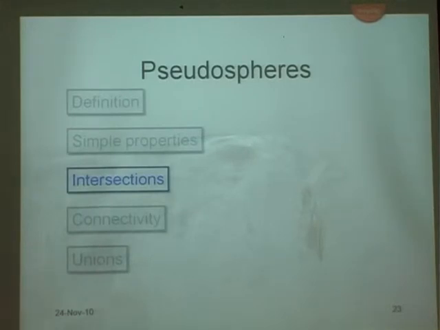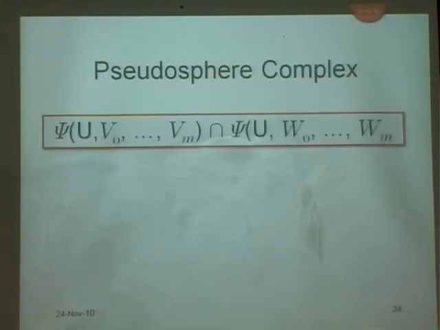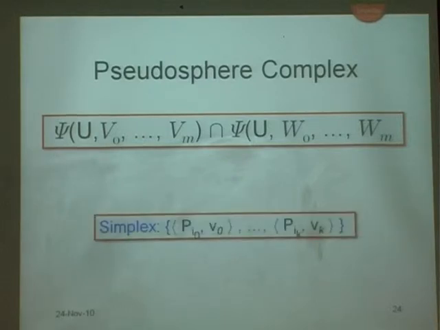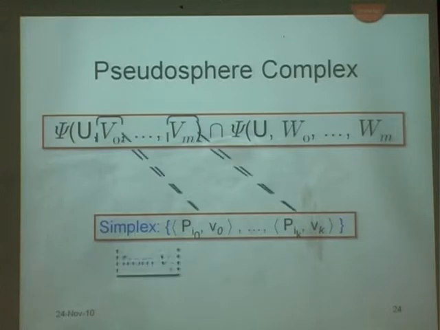Intersections of pseudospheres have a very simple property. Here we have a pseudosphere over U with sets V sub I. Here we have a pseudosphere over U with sets W sub I. Then if we take the intersection, what we get is, well, a simplex has to be in both of these things, so it has to be some set of distinct processes from U sub I. And each value has to be from V sub I, because it's got to be a simplex in here.